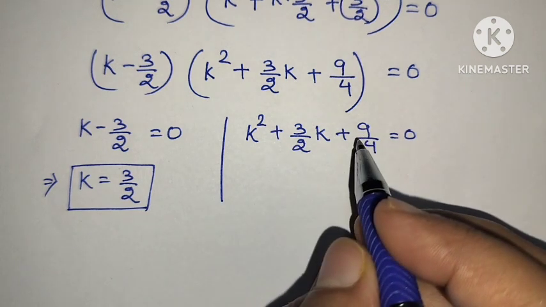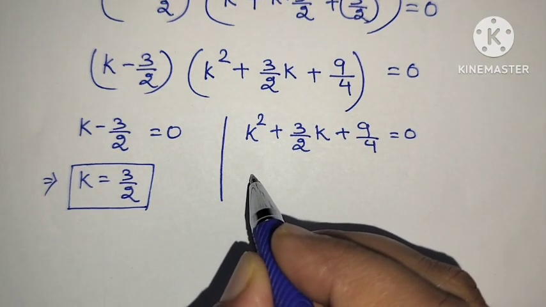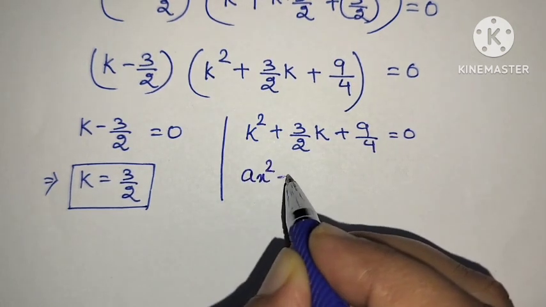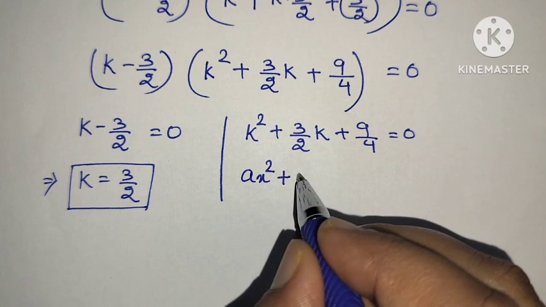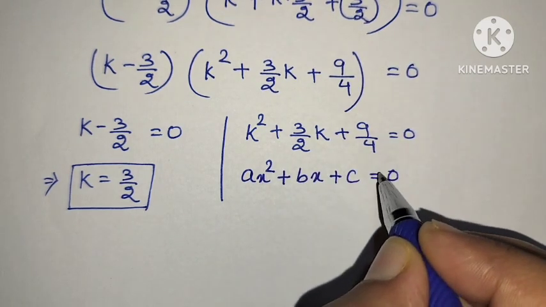Yes, in the quadratic equation, which formula do we apply? We apply one formula. We know ax square plus bx plus c is equal to 0.